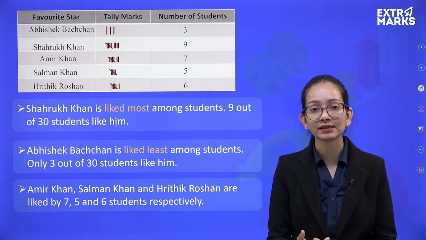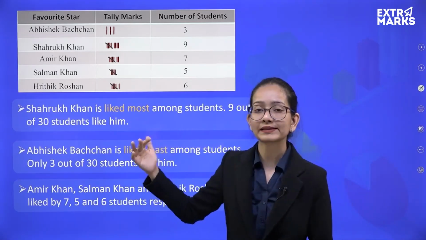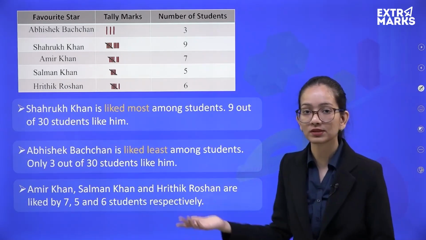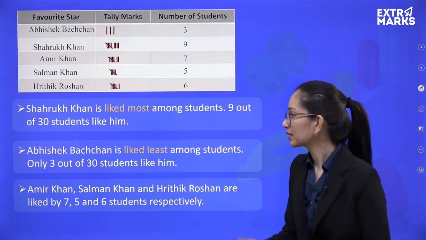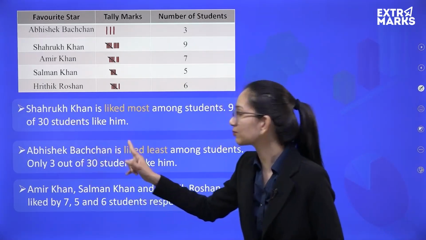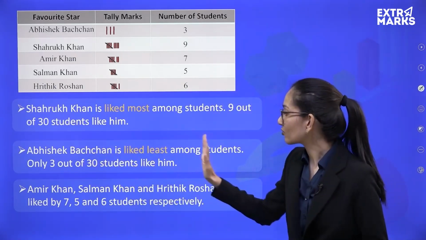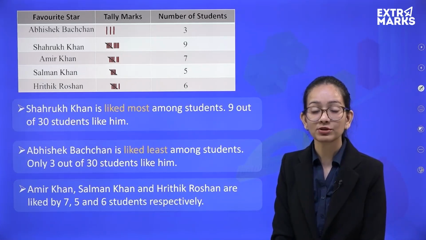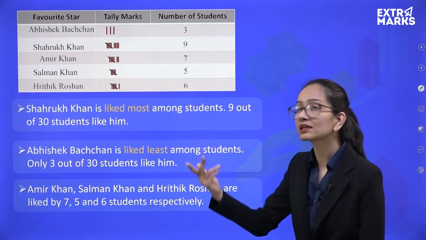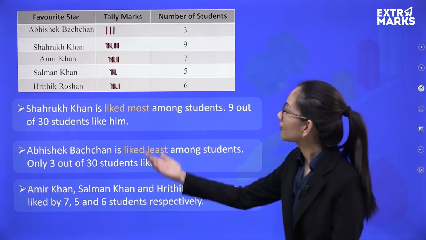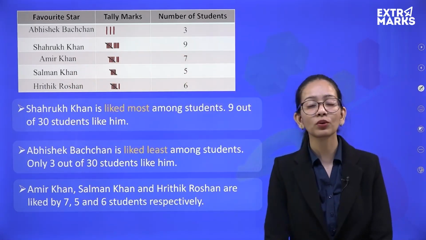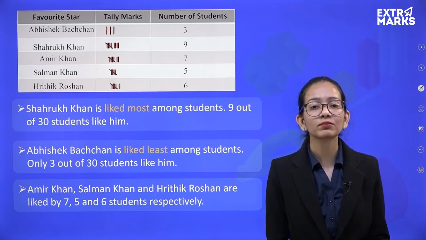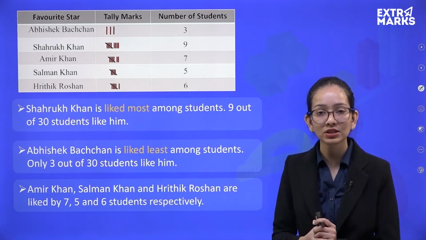Similarly, Abhishek Bachchan is liked least among these students, because from this table you can easily see that in front of Abhishek Bachchan we have only 3 students. That means only 3 students like Abhishek Bachchan.